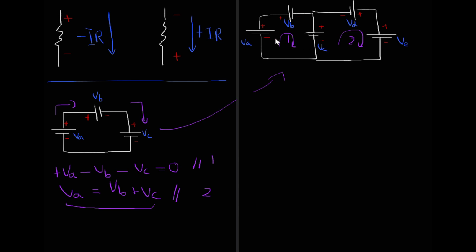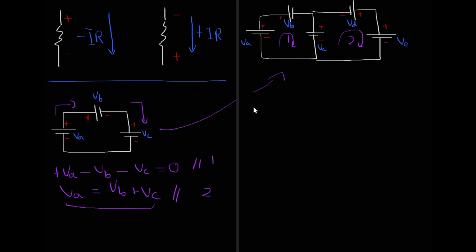So here in this first loop, we already calculated Kirchhoff's voltage law to be VA minus VB minus VC equals 0, and here we're going to have to calculate it to be different. So now we want to find the law in the second loop. Here, as you can see, it's going from minus to positive, and if it goes from minus to positive, it's going to be positive.